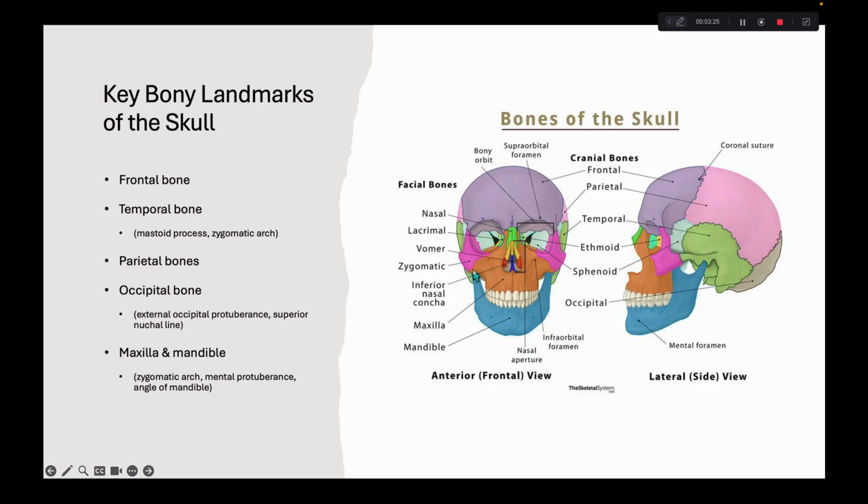The maxilla is that front part of your skull, surrounding the sinuses and the nose and your upper lip. Then we have your mandible, which is your actual jawbone in blue. Some key landmarks for the maxilla and mandible would be your zygomatic arch. We have your mental protuberance and the angle of the mandible.